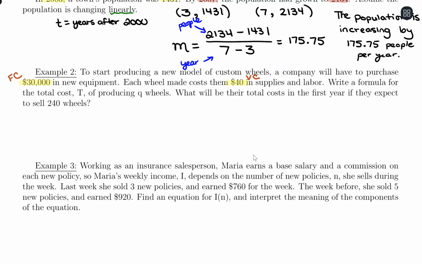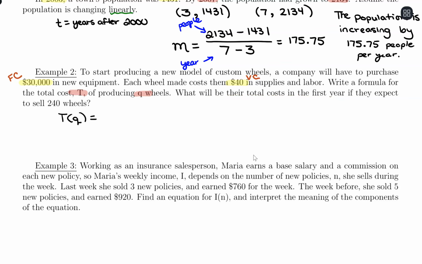So we want to write a formula for total cost producing Q wheels. So we basically want to find this T of Q, treating it as linear, and we know it's linear because that variable cost is staying the same. So what will be their total cost in the first year if they expect to sell 240 wheels?